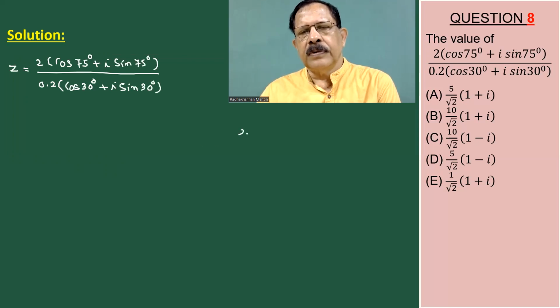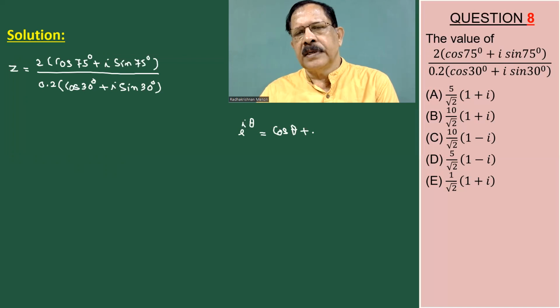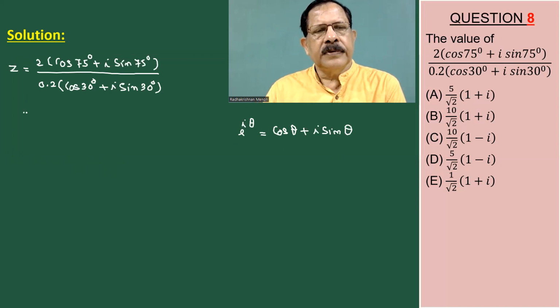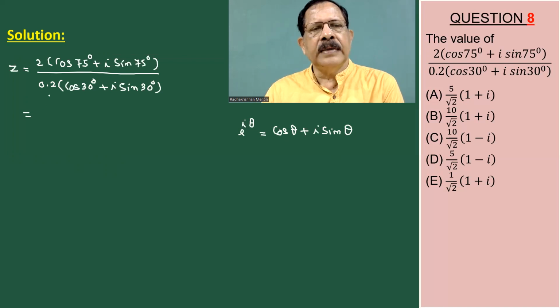So we know Euler's theorem: e raised to i theta is cos theta plus i sin theta. Or otherwise, cos theta plus i sin theta we can write as e raised to i theta. So I am using that.